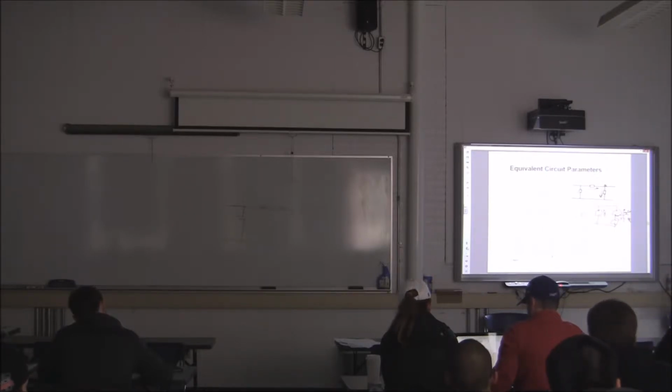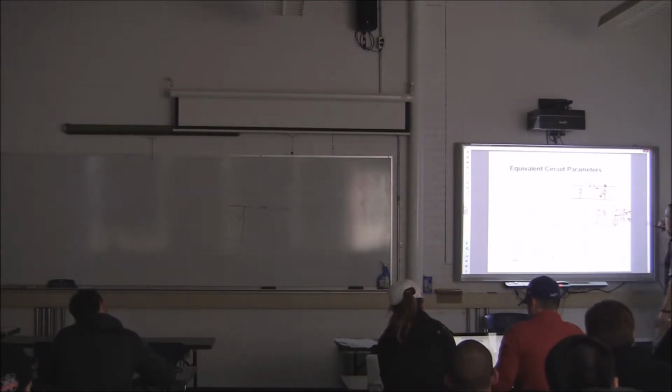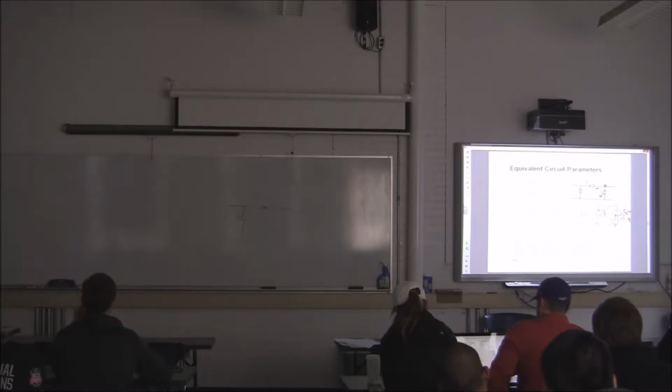So all I'm saying is I need the voltage drop across here, and I need this voltage drop as well. How do I get that voltage drop? I calculated that current. Yep, I have that. But how do I get the voltage drop? Any thoughts?